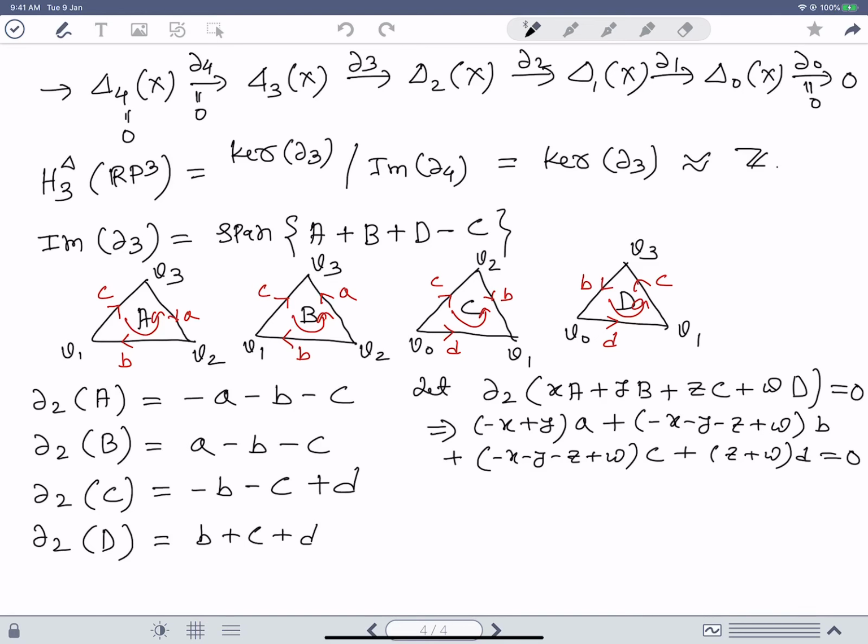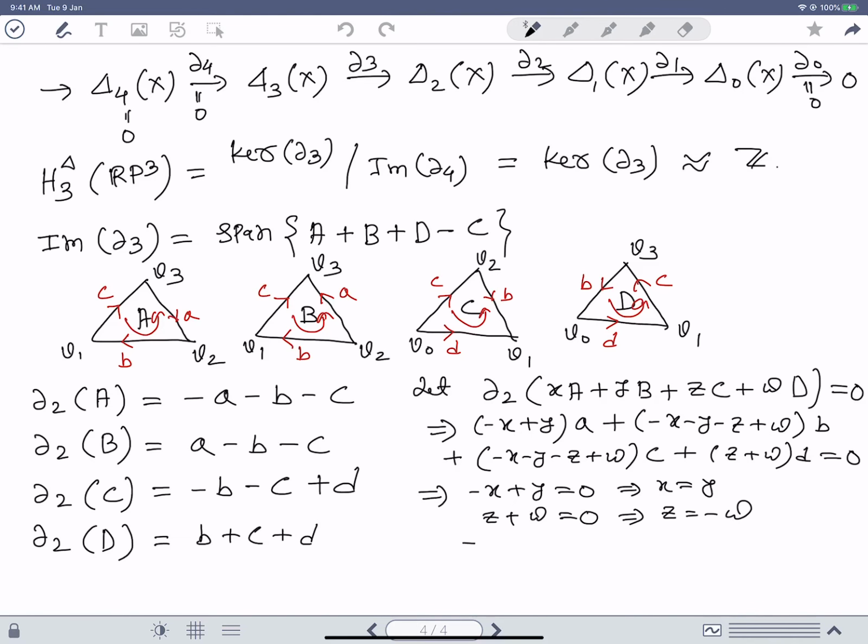Now since there is no relation between A, B, C, D, we must have minus x plus y equal to 0, that is x equal to y. We also have z plus w equal to 0, that means z equal to minus w.